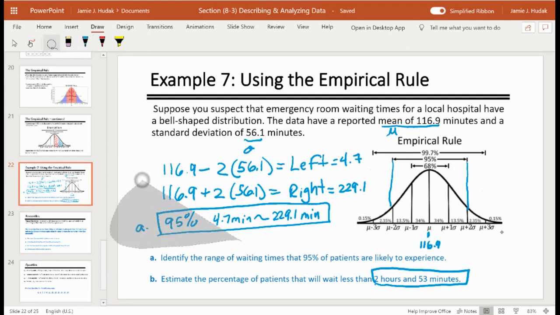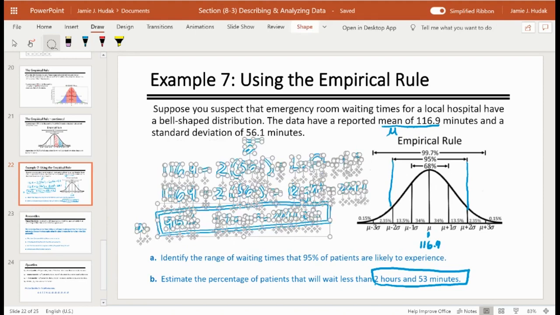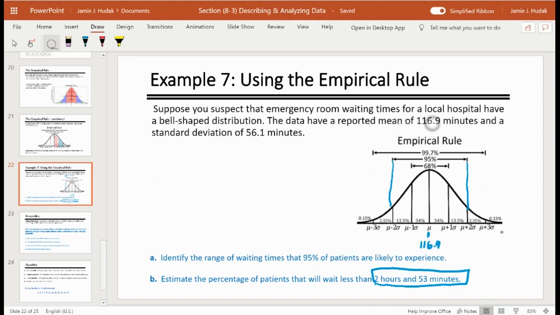I'm going to clear this work out so I can work on part B. So, first thing we need to do is convert this to minutes. 2 hours is equal to 120 minutes plus the 53 minutes we have here is 173 minutes.